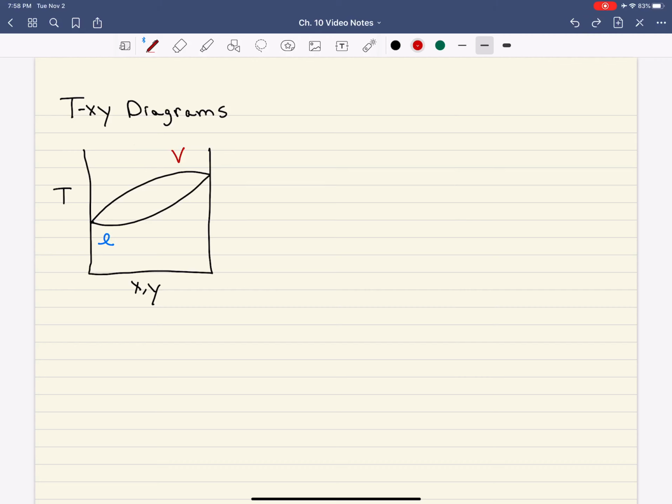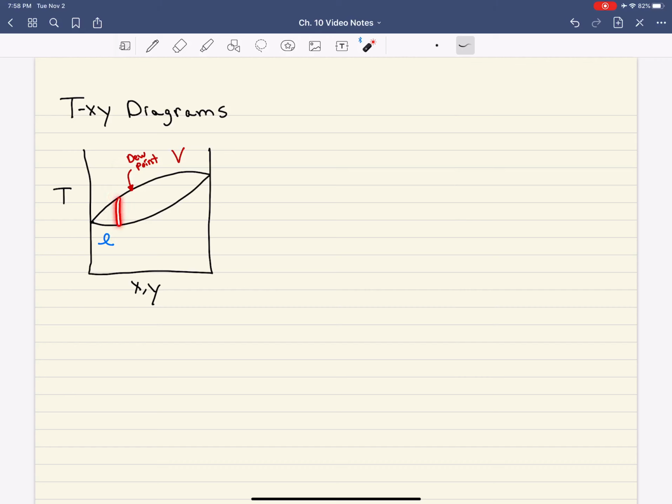Actually, no, I have that backwards. The line at the top here is your dew point line, because as you decrease temperature from here and you go down, you'll go from having pure vapor to then having your first droplet of liquid.